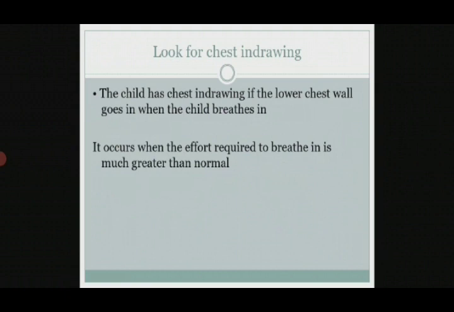Then look for indrawing of the chest, if the chest wall goes in when the child breathes in. It occurs when the child puts in greater effort than normal for breathing.